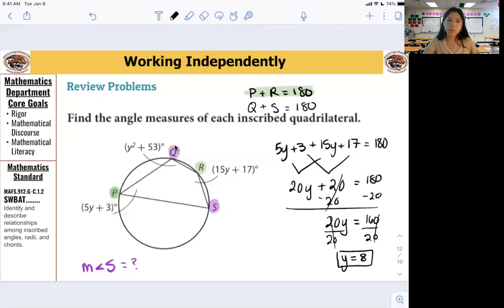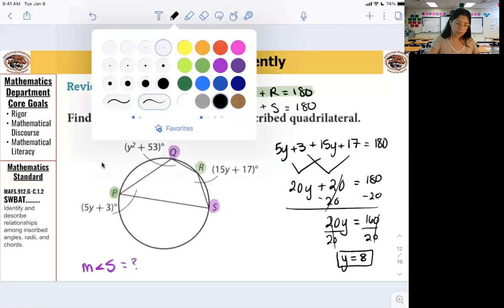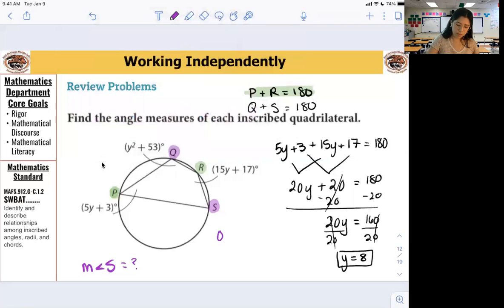First, I've got to find Q. Well, Q is y squared plus 53. So Q is going to be y squared plus 53, which is 8 squared plus 53. What's 64 plus 53? 117. So that's Q.